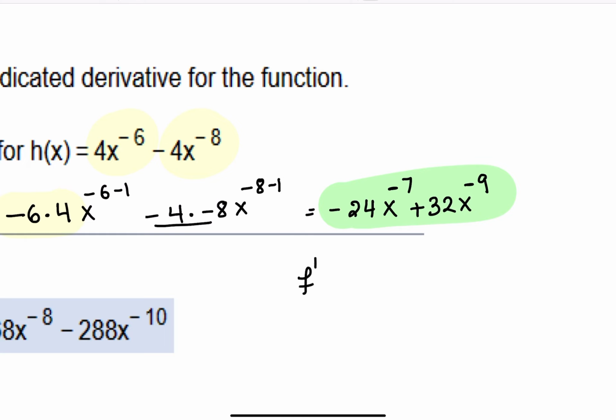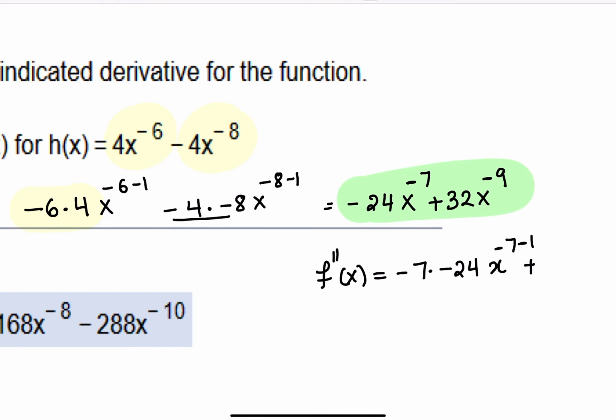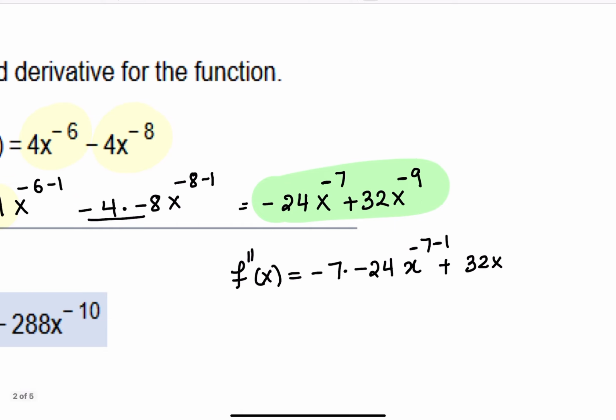So f double prime of x is negative 7 times negative 24 times x to the power negative 7 minus 1. And here I have positive 32 times negative 9, x to the power negative 9 minus 1.